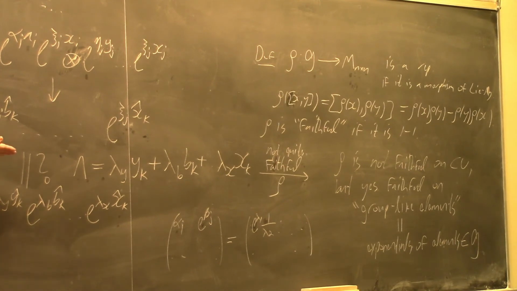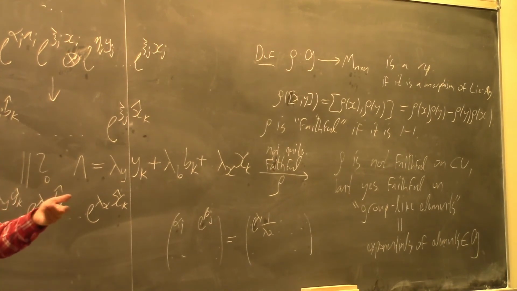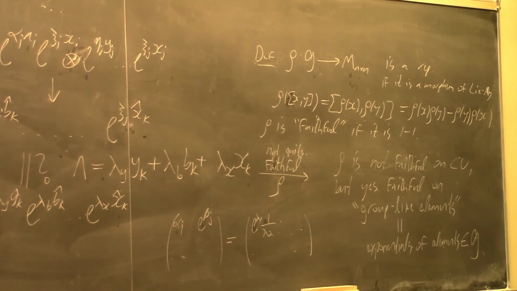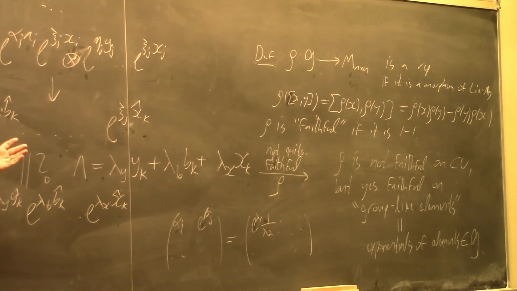So I owe you a proof that if you multiply exponentials, the result is an exponential. Well, of course, it's true in the commutative case, but we're not in the commutative case. Likewise for the right-hand side. So I owe you a proof that the product of exponentials is an exponential. Okay?